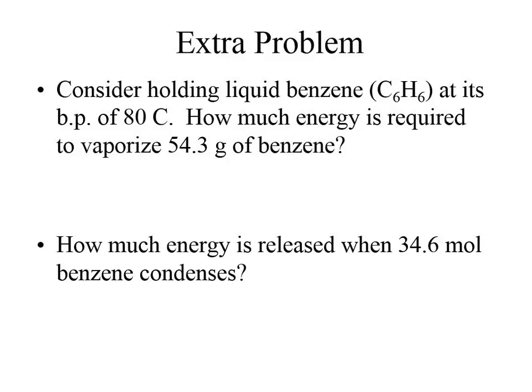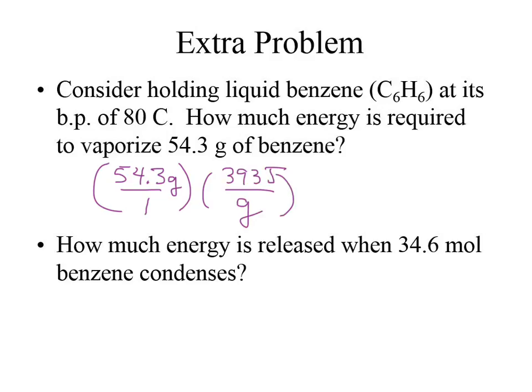I'm just going to say don't make this harder than it is. Basically, to work this, all we're going to do is take the mass, 54.3 grams, put it over 1, and use this energy per gram value. So I'm going to see 393, and that's joules per gram for benzene.